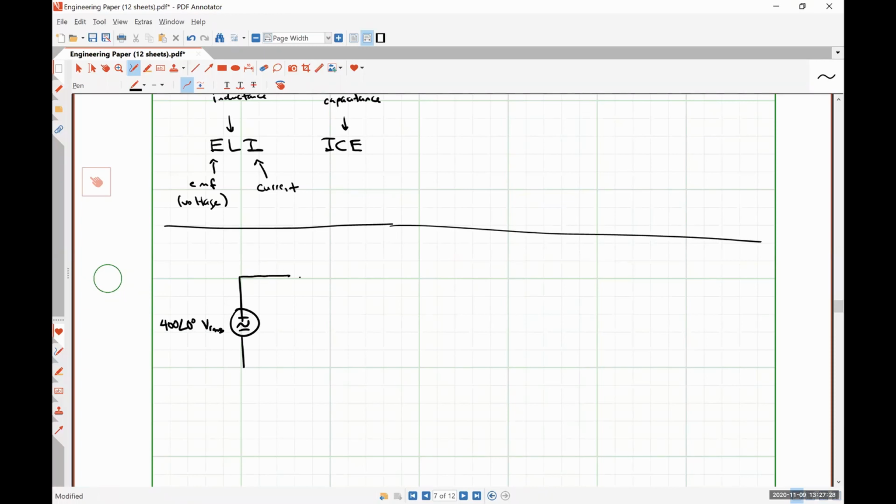And this transformer or voltage source or whatever you want to call it is used to supply power to several industrial loads connected in parallel.